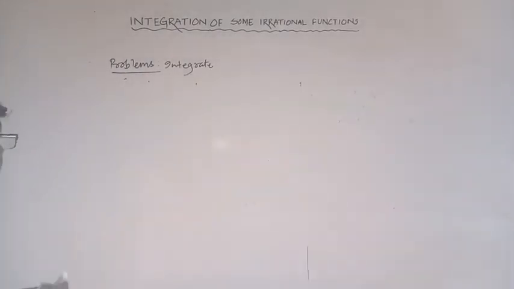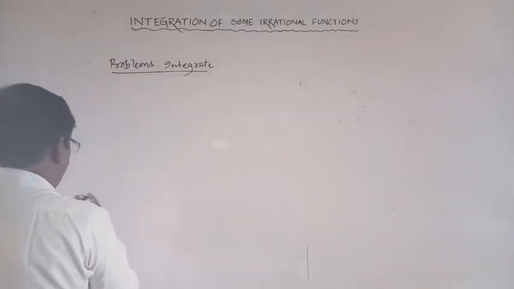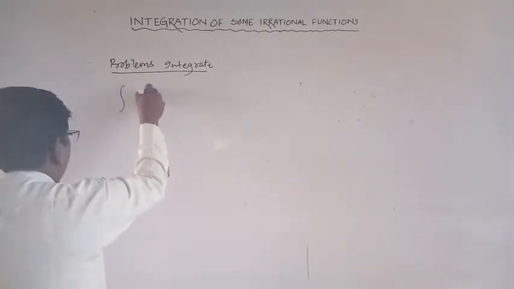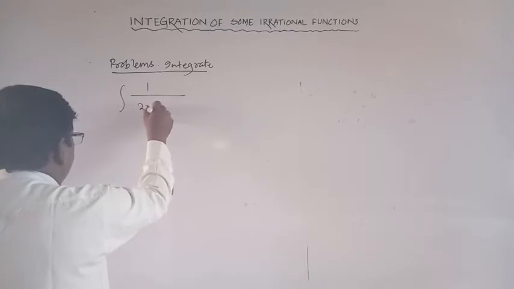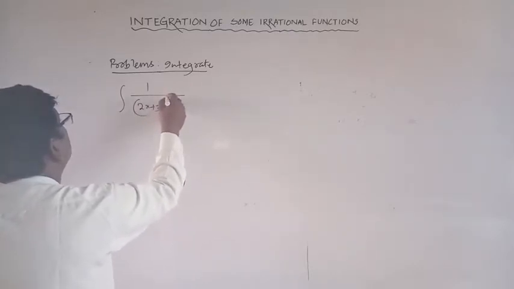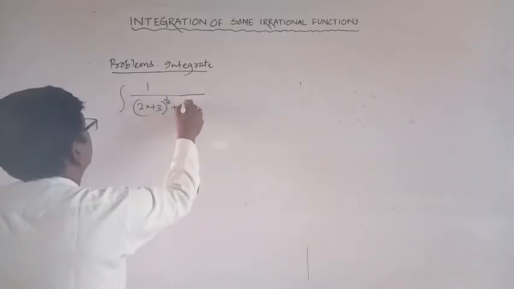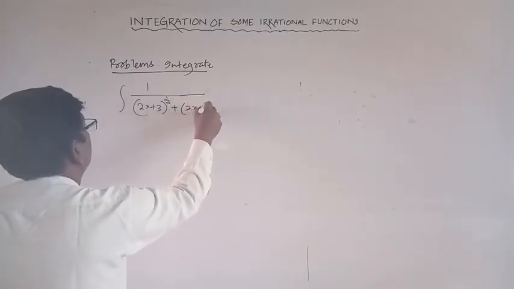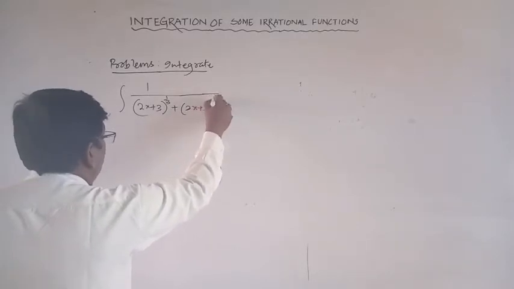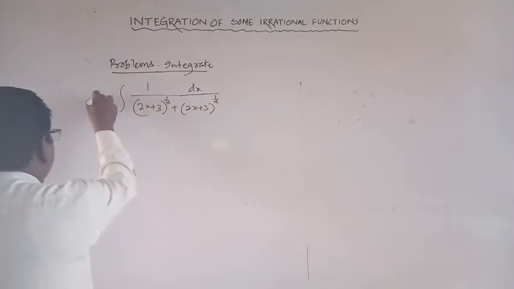Now problem: integrate 1 by 2x plus 3 whole to the power 1 by 3 plus 2x plus 3 whole to the power 1 by 4 dx. This is the question.